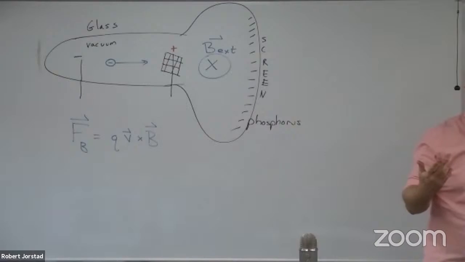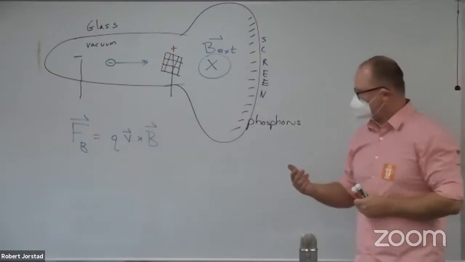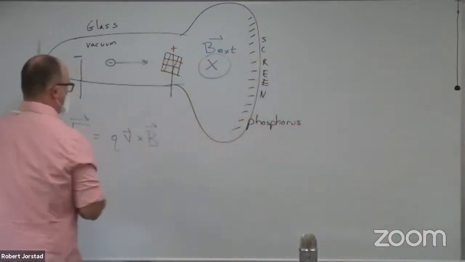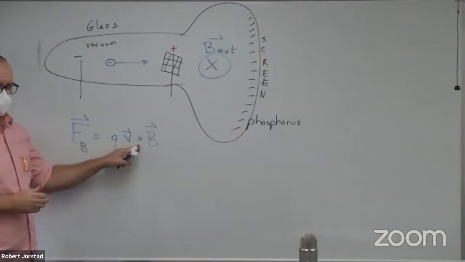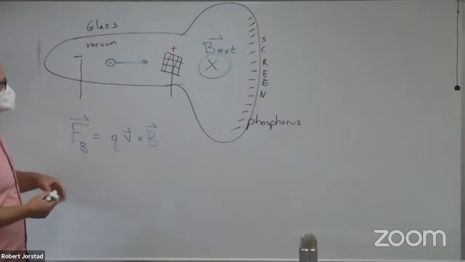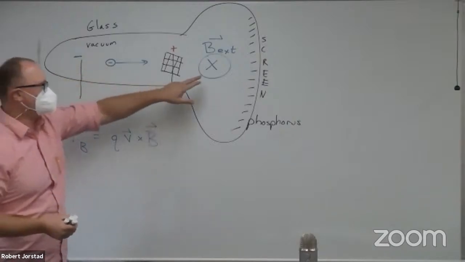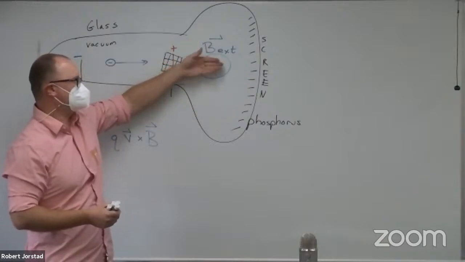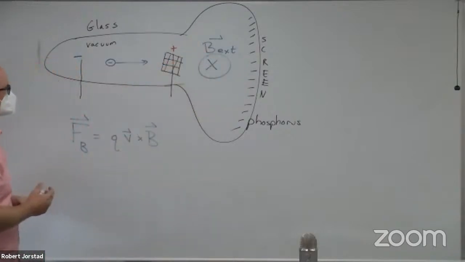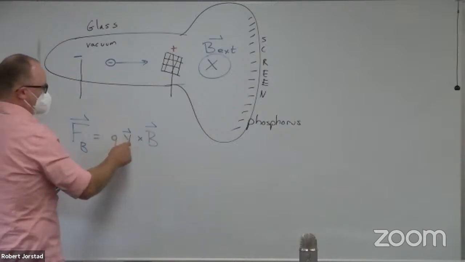Got it? Does anybody remember how you do cross products and figure out the direction of the force here? When I put this magnetic field here like this, is that going to cause this beam to deflect up, down, out, in? What do you think? Let's go through it. I have a cross product.